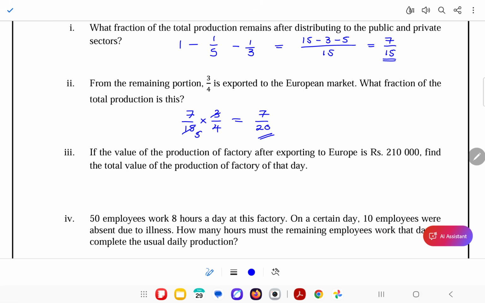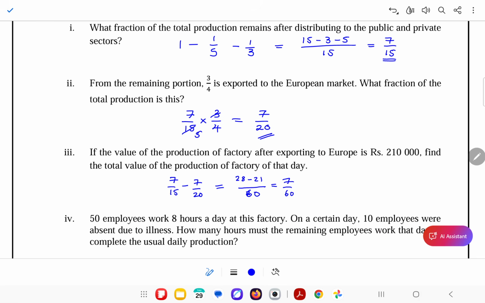After exporting to local private and public, 7 over 15 was remaining, right? So then from that we have to get rid of 7 over 20, that is the European market. So 60 is the common denominator, 28 minus 21, 7 over 60, right?